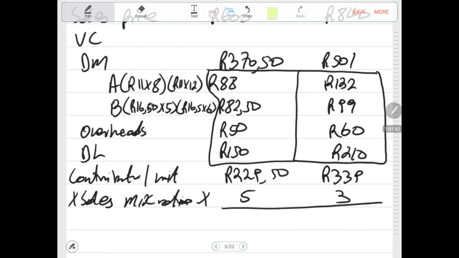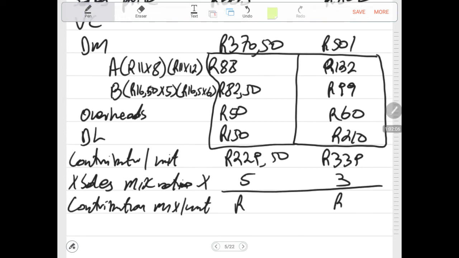Whenever you have 2 products that the company is manufacturing and you are required to calculate the break even, then now multiplying that, it will give us the contribution mix per unit. Contribution mix per unit, and this is what we want.